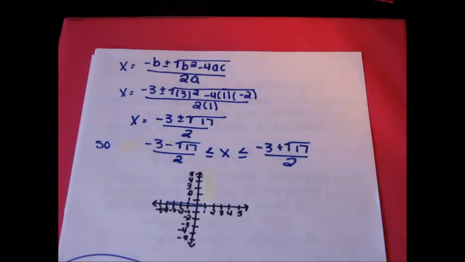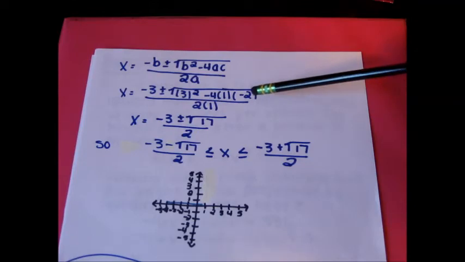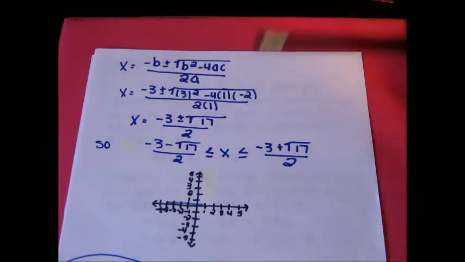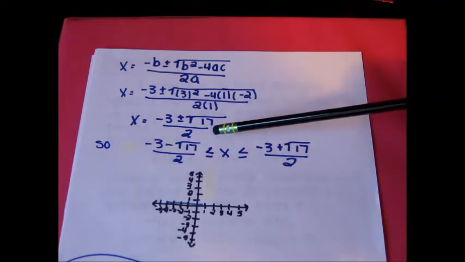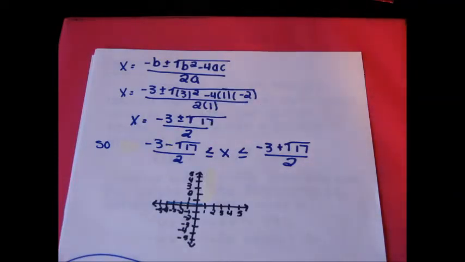So basically you just plug in the values for that, and you simplify and combine like terms, and eventually you get negative 3 plus or minus the square root of 17 all over 2, which is two answers, being negative 3 plus and negative 3 minus the value.